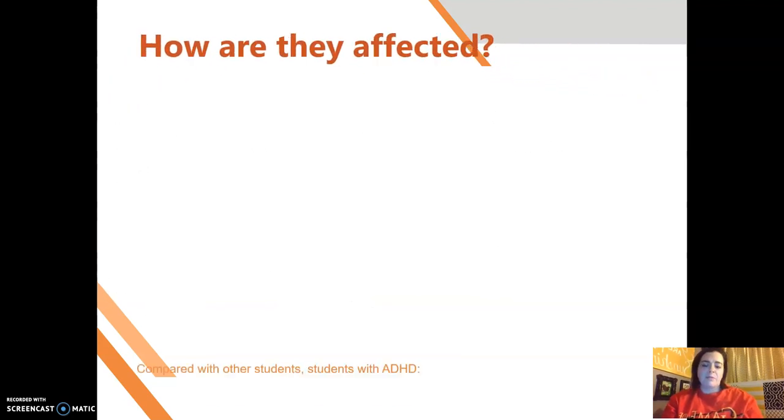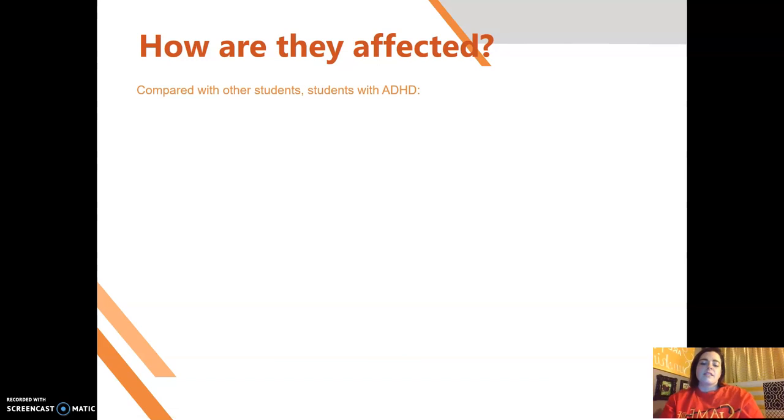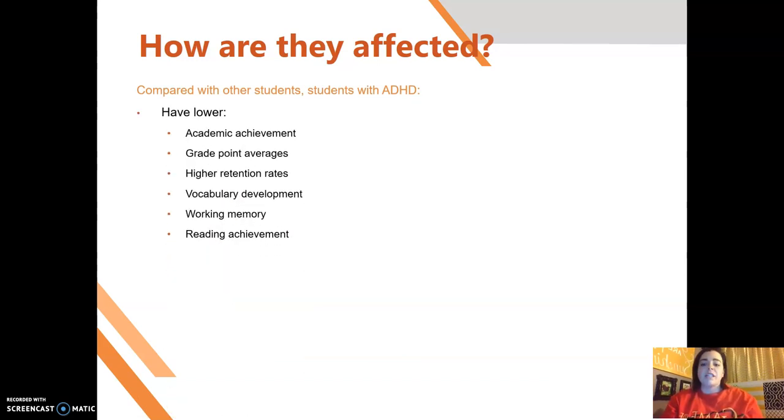So how are these people affected? Compared with other students, students with ADHD have lower academic achievement, lower grade point averages, higher retention rates. They have lower vocabulary development, lower working memory, and lower reading achievement. The lower reading achievement is usually due to the lower working memory.